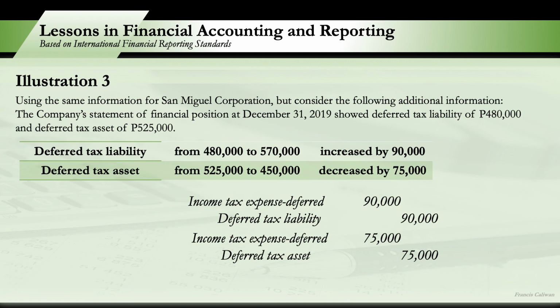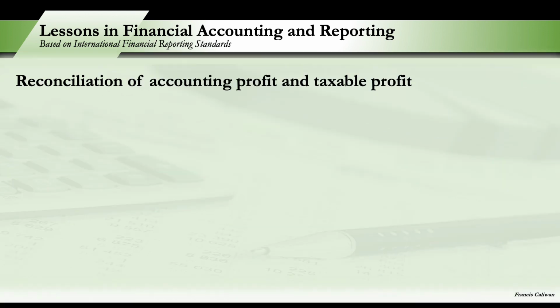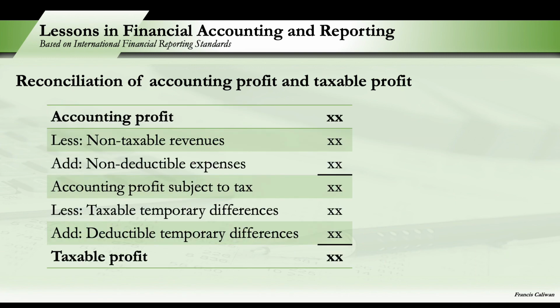Okay? So to summarize our discussion for this topic, let us have again this reconciliation. Accounting profit, we omit the effects of our permanent differences. We arrive at our accounting profit subject to tax, and we omit the effects of the future temporary differences, our taxable temporary difference and deductible temporary difference, to get taxable profit.